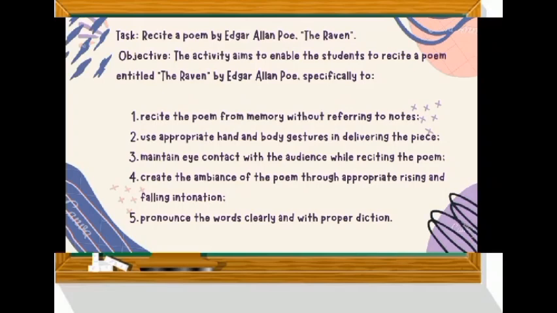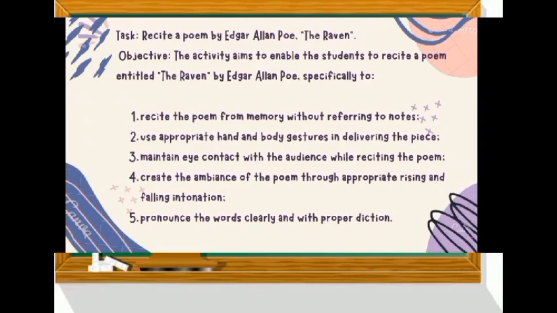The fourth one is to create the ambience of the poem through appropriate rising and falling intonation. Before we recite our poem, we need to read it and identify which are the rising and falling intonations before we recite the poem.